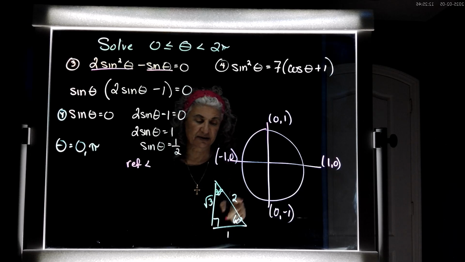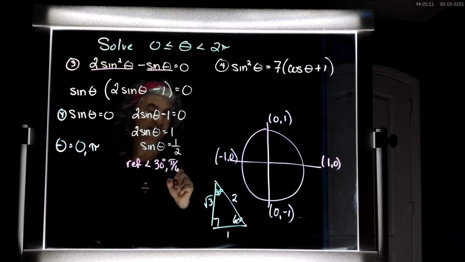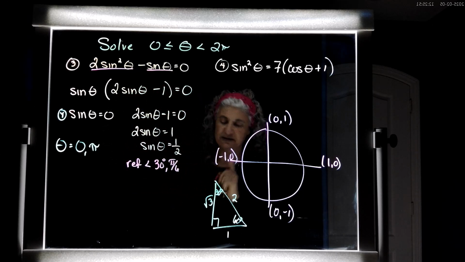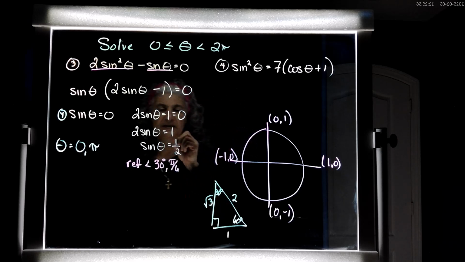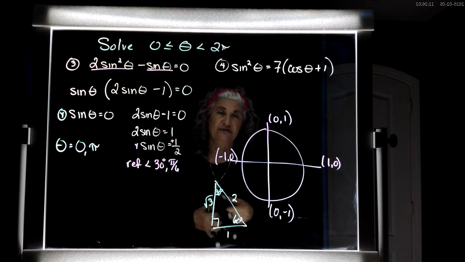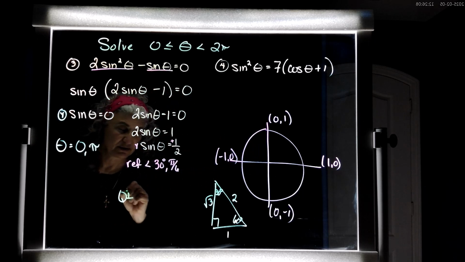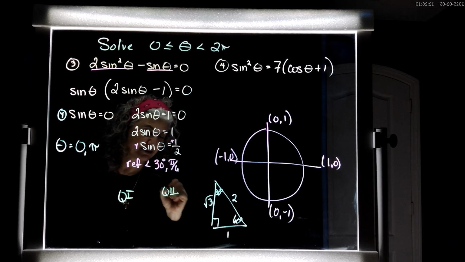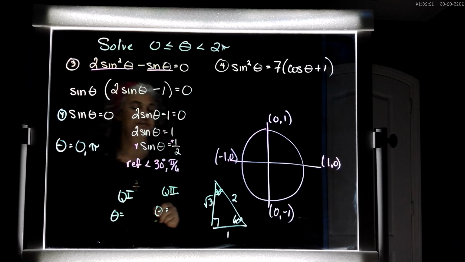That's 30 degrees, that's pi over 6, isn't it? Yes? Okay. This is positive. This is a y again. So where are my y's positive? Quadrants 1 and 2. So my thetas that I'm looking for are in quadrants 1 and 2.